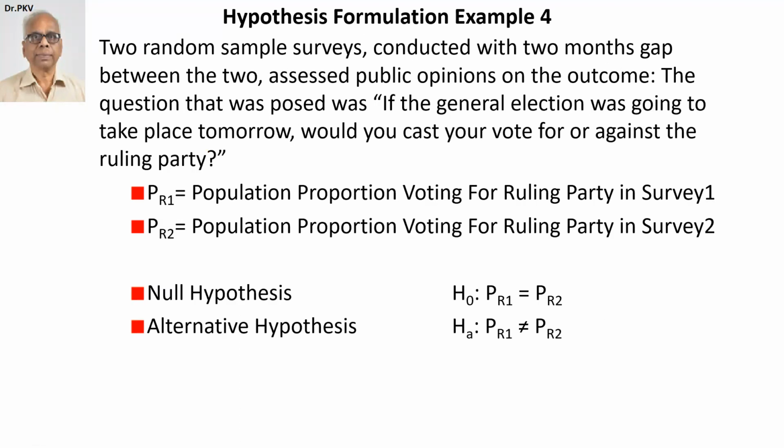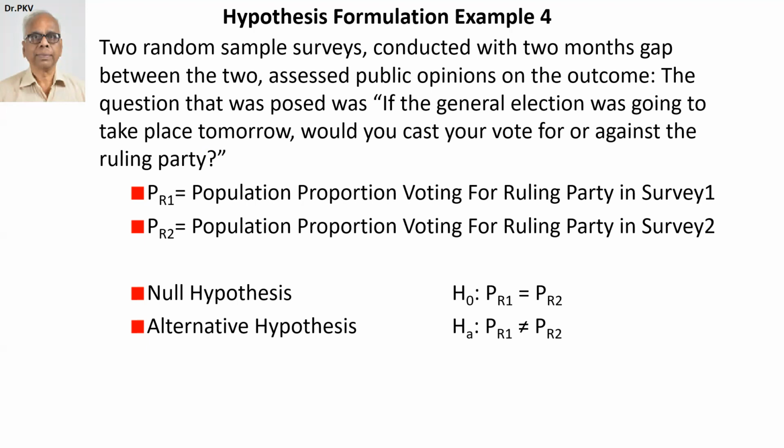Interesting example on the opinion poll, you may say. So, two random sample surveys conducted with 2 months gap between the two assessed public opinions on the outcome. The question that was posed was, if the general election was going to take place tomorrow, would you cast your vote for or against the ruling party?